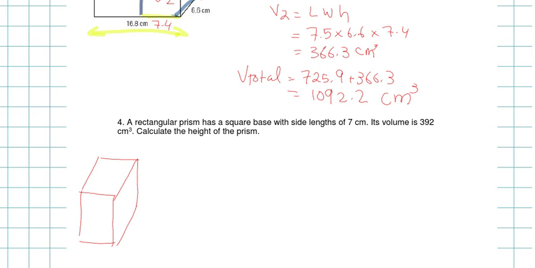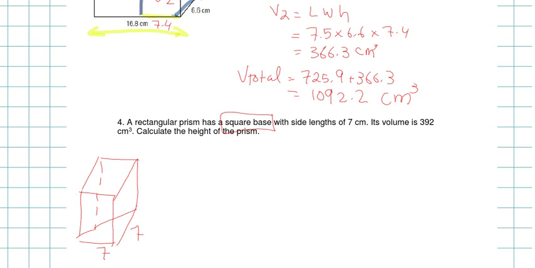I know that it's a square base prism, and that's very important information, because that means both my sides at the bottom are equal. What are they equal to? They're 7 each, because it's a square base prism.